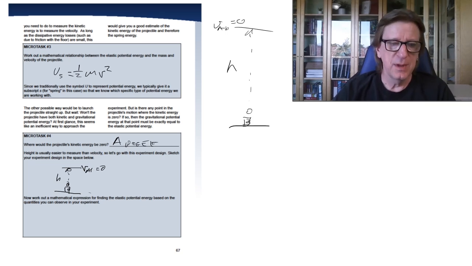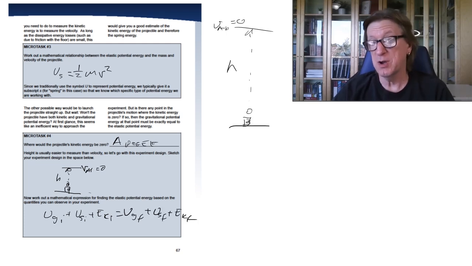Okay. All right, now we need that mathematical expression that we worked out, and we said that because we have UGI, I'll just repeat what we had on the previous screen, plus EKI is equal to UGF plus USF plus EKF. And then we go back through and we mark out everything that's zero.